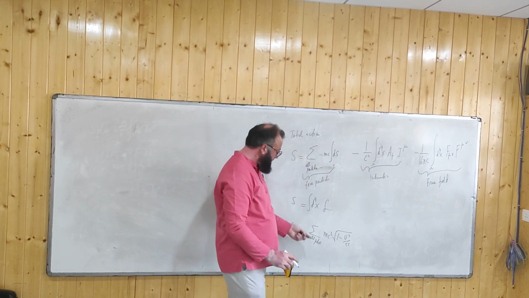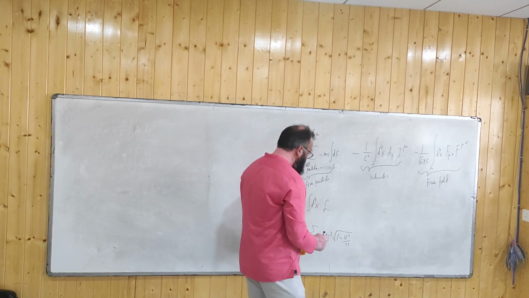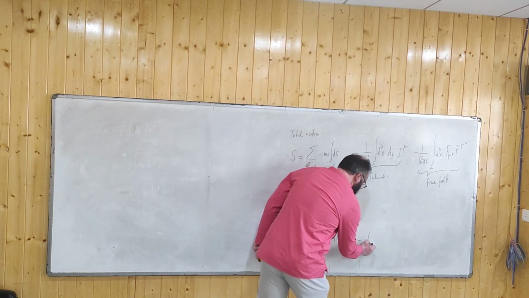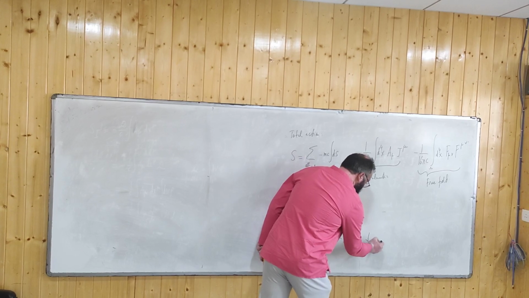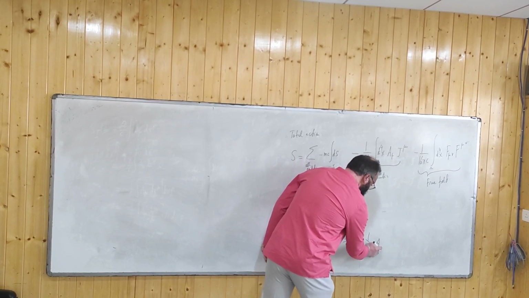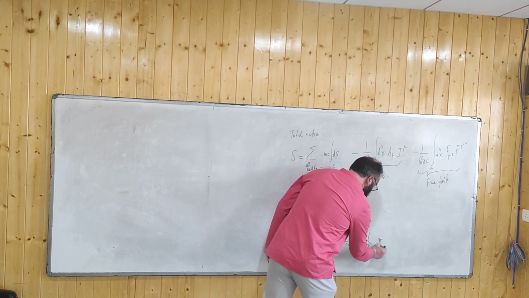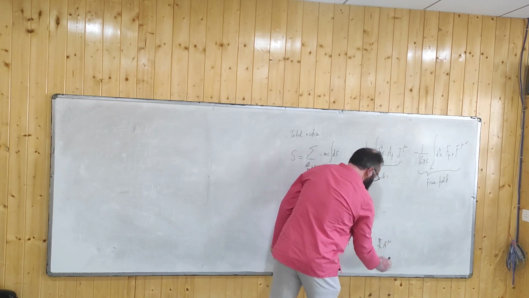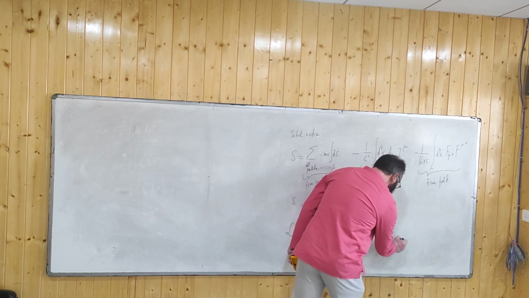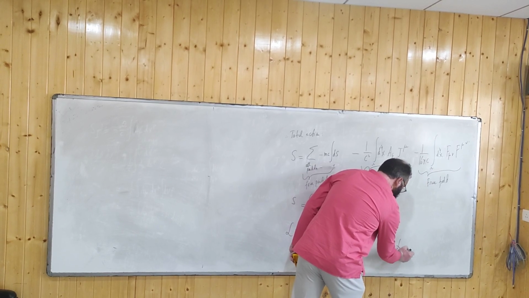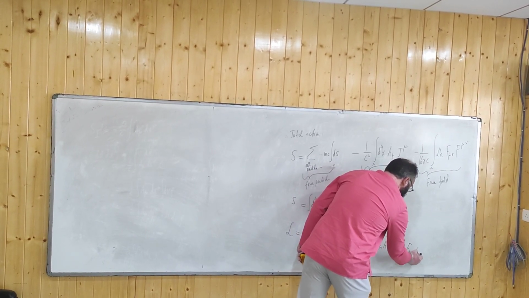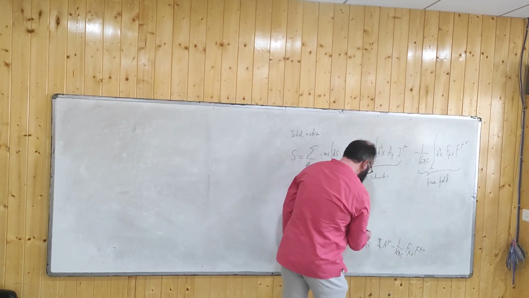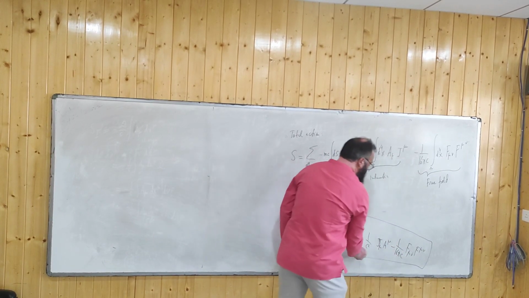But this term is not useful to us. Then you have minus 1 by c, j mu, A mu in this fashion. Then you have minus 1 by 16 pi c, F mu nu F mu nu. These last two terms are actually useful to us.